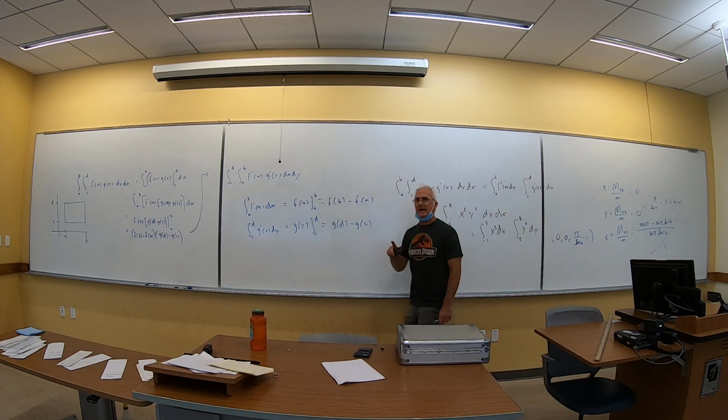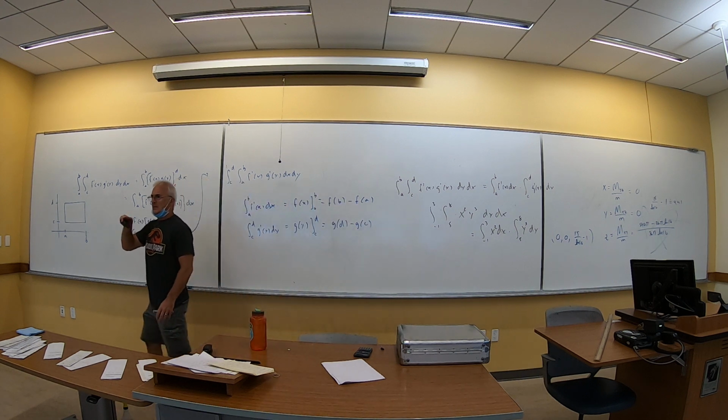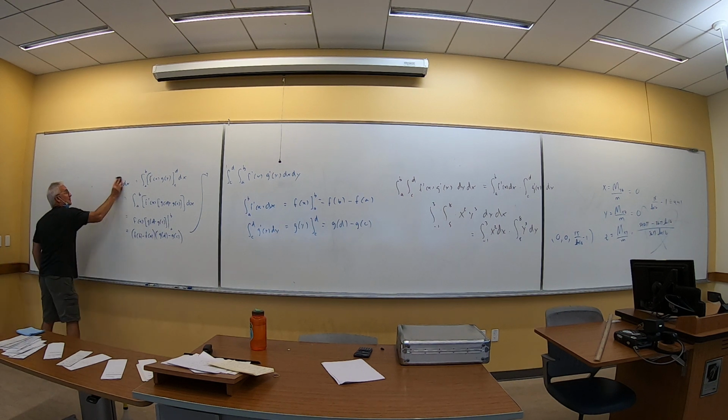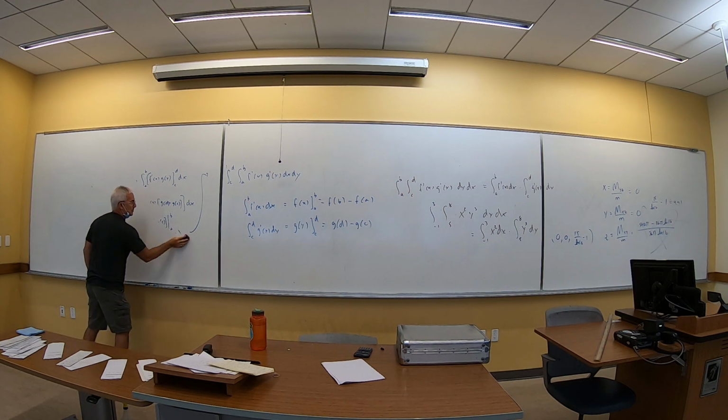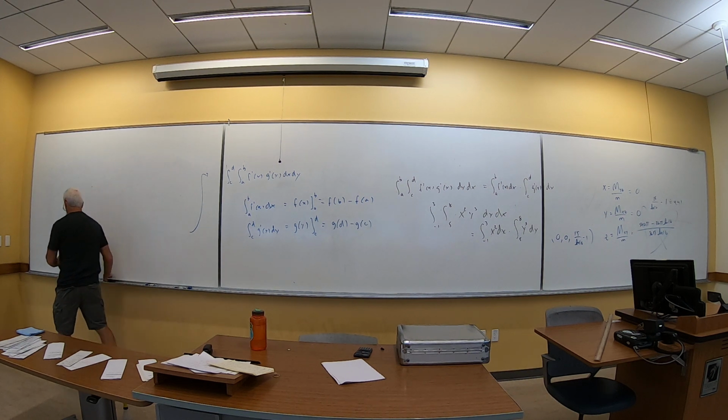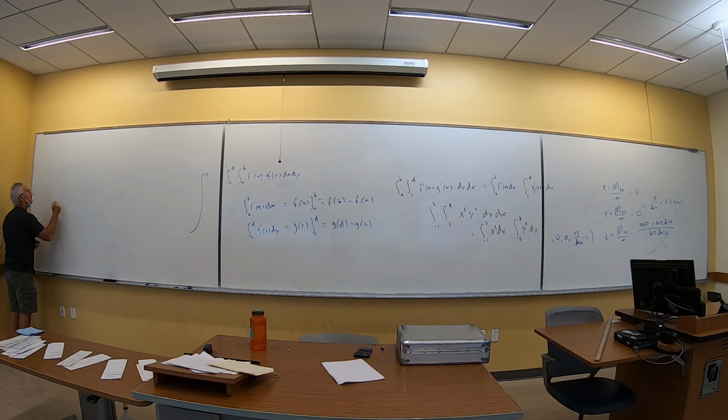Now, how many have had statistics? Okay, you understand what the normal curve is. All of statistics starts with something called the normal distribution. Now, I don't need you to know statistics, but I do want you to understand there is something going on here. All right? I have a function.